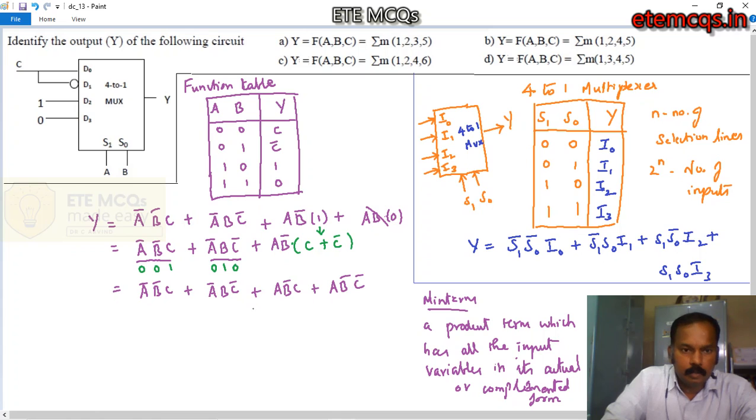Now the output function is completely expressed as the Boolean OR operation of min terms. Each and every product term in this Boolean expression is a min term because all the variables A, B and C are there in all the product terms, either in actual or complemented form.